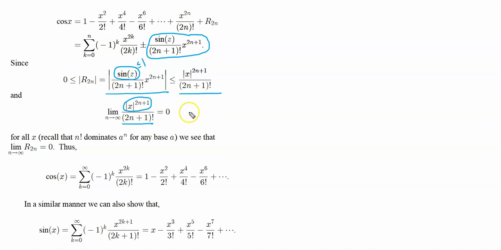So once again, the reason this is 0 is because the limit as n goes to infinity of a to the n over n factorial is 0 for any fixed base a. And so that proves that this remainder term right here goes to 0 as n goes to infinity.